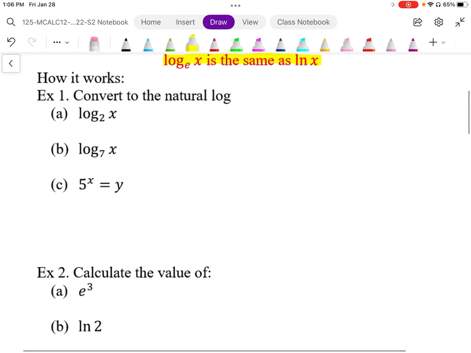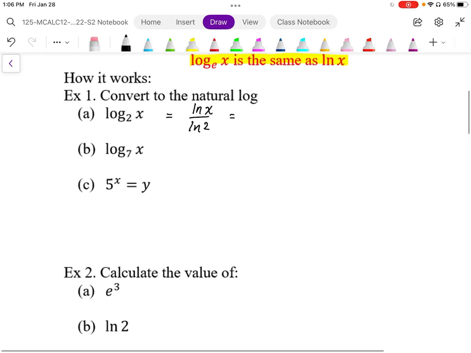So how does it work? So how do I convert log base 2 into a log base e? Well, we just use the change of base formula. So we're just going to change that to base e and use that ratio as our change of base formula. Okay, so it's just going to look like this.